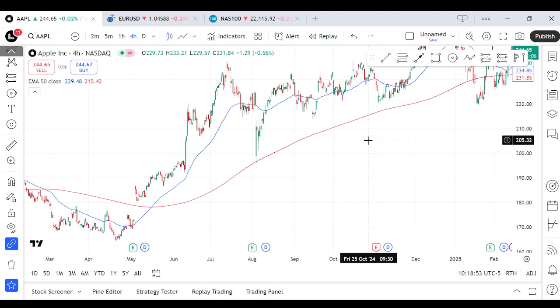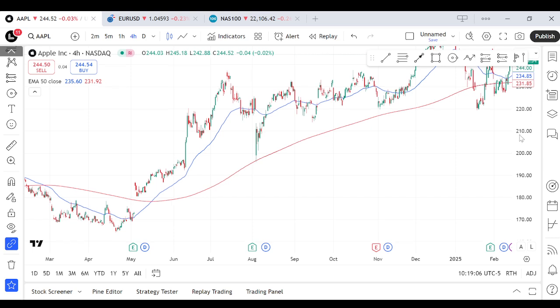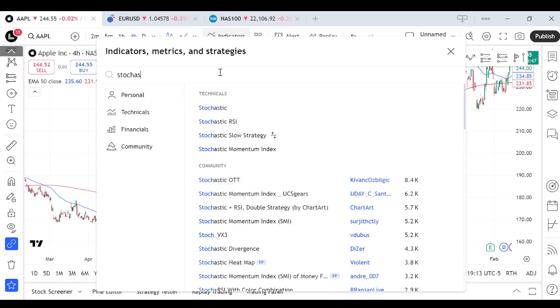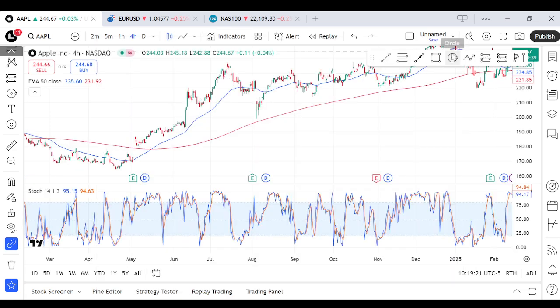The second component is the stochastic oscillator set to 14, 3, 3, and I'm just going to add this also. Ensure you save this video so you can come back and watch how to set up your charts for this strategy. So we're going to be using the stochastic oscillator, which is this one, and remember, we are using the 14, 3, 3.